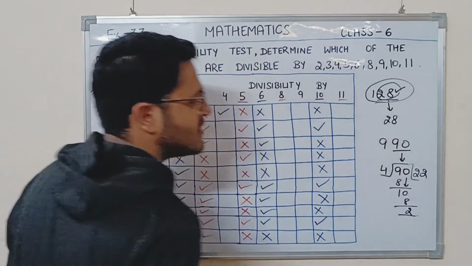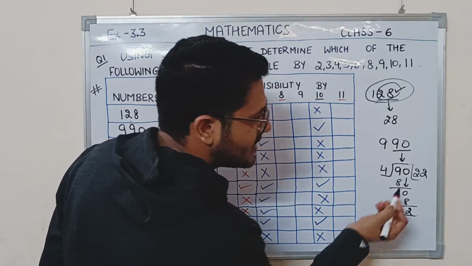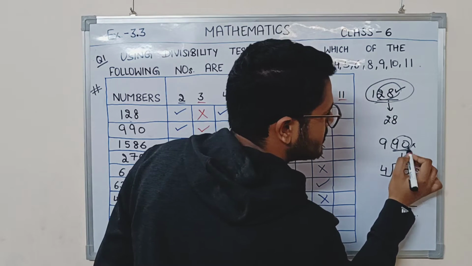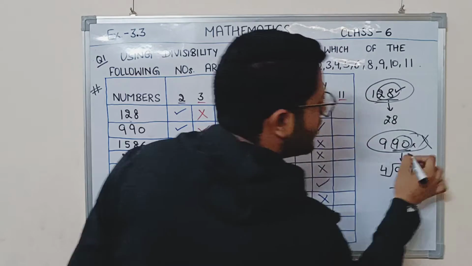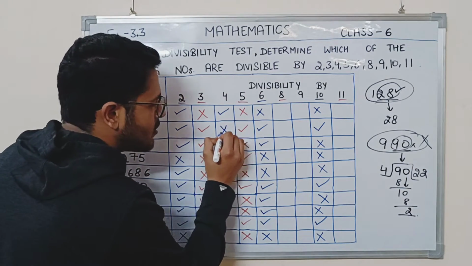So 2 remaining, right? So we can clearly see that 90 is not divisible by 4. So if this number is not divisible by 4, then the whole number is also not divisible by 4. Therefore 990 gets a cross.